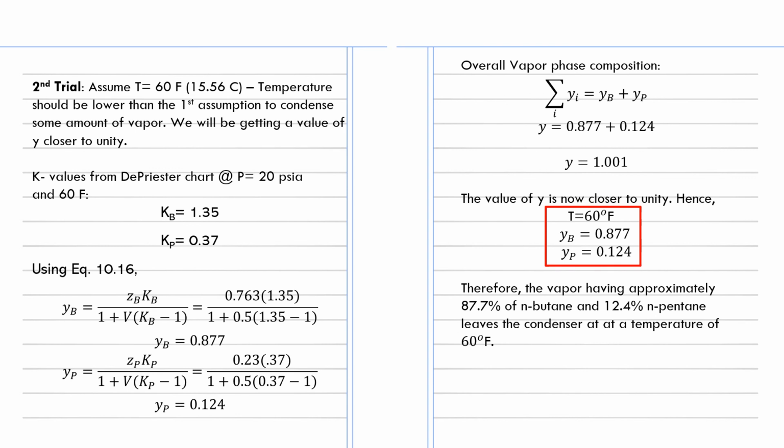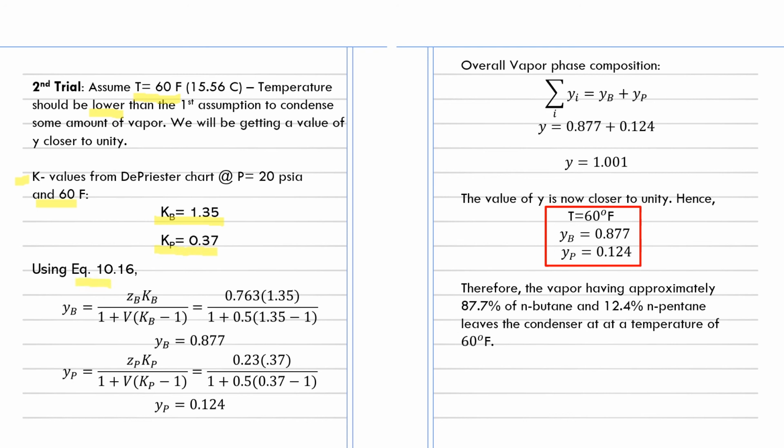For the second trial, the temperature of the vapor is assumed to be 60 degrees Fahrenheit. Temperature should be lower than the first assumption in order to condense some amount of vapor. Thus, we will be getting a value of y closer to unity. The K values from the chart at 20 psia and 60 degrees Fahrenheit are Kb equals 1.35 and Kp equals 0.37.